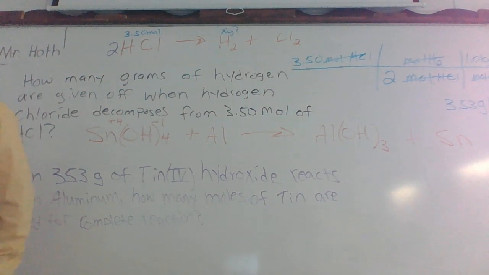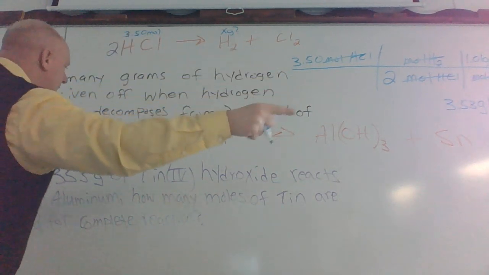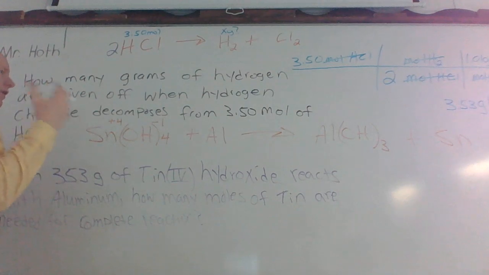There's only one place you can. The only ones that are out of balance are the tin, the hydroxide, or the aluminum? Hydroxide, because that number is 3, that's odd, these are even. So, to get that up to an even number, how would you get 3 to an even number?